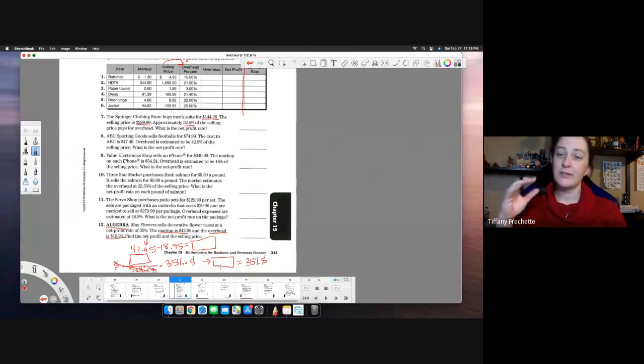So it's using what we have to figure out the missing piece. In this case, we're missing the selling price, and we already have the net profit rate. I hope that helped, and I will see you in section 5.